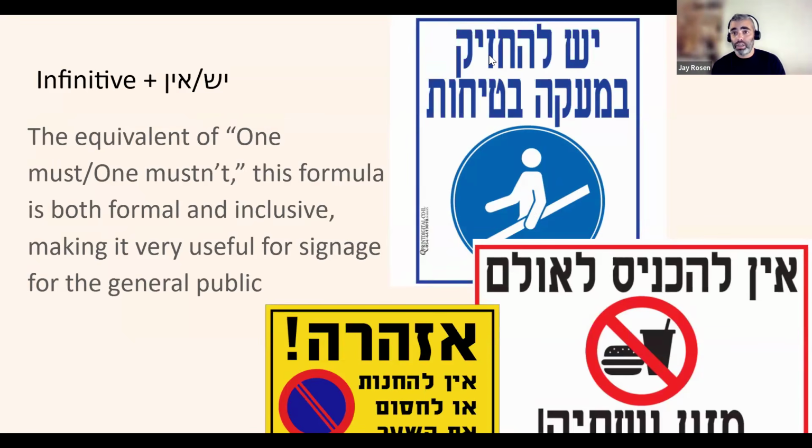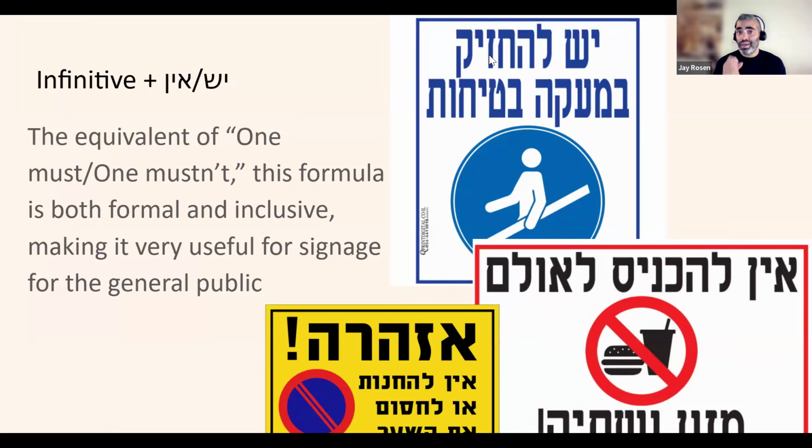And I know this is a sign telling me to do something, so that is a command. The guy is holding a rail, not just any rail, a ma'akeh b'tichut, the safety rail. Think of walking up or downstairs and there's a rail to hold on to. That's what he's doing here.